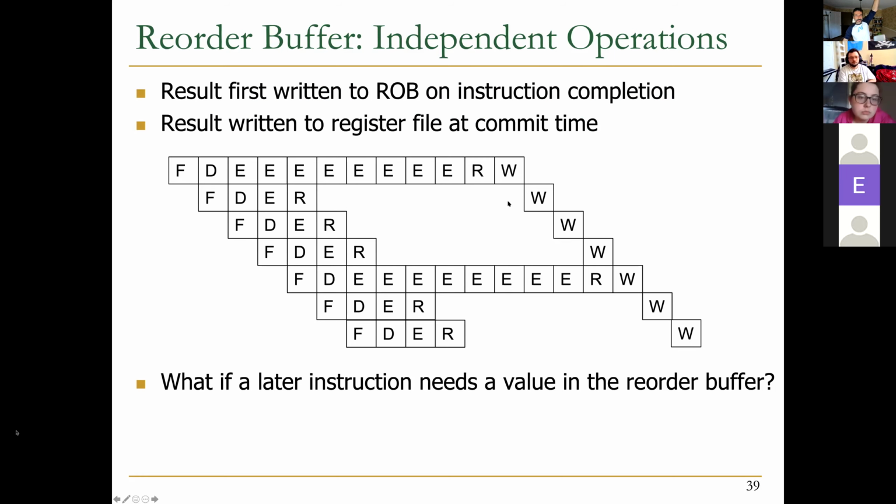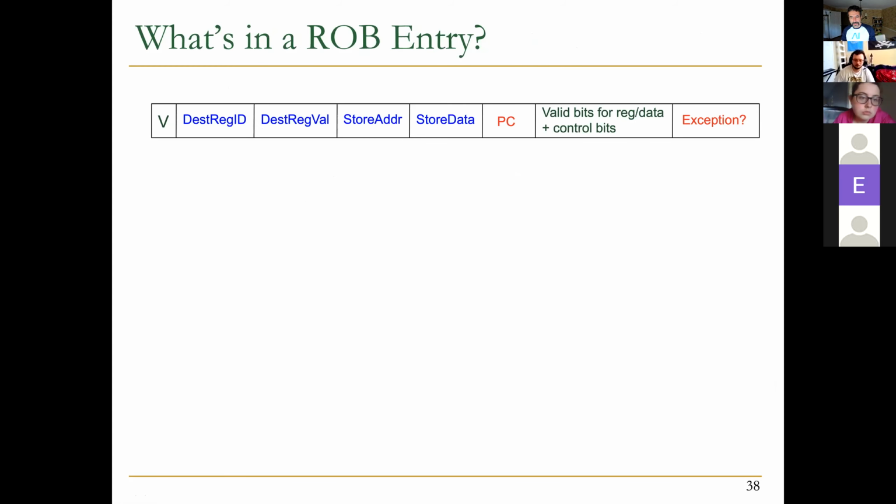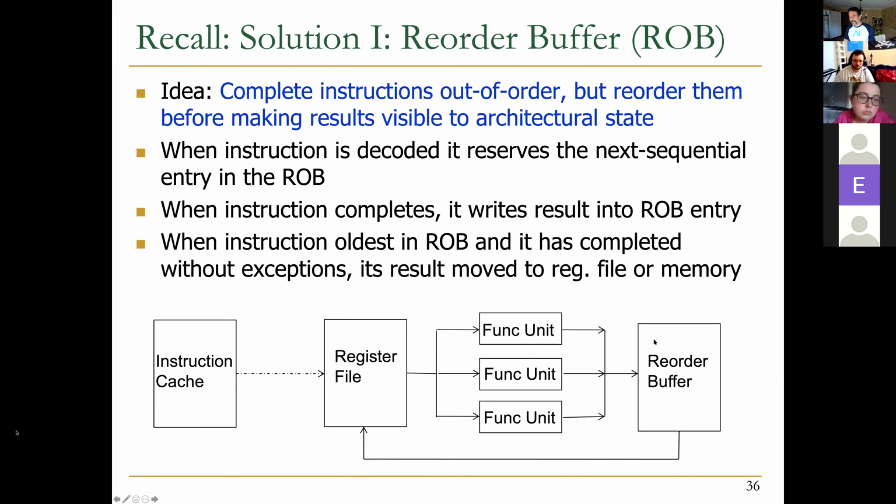In this case, we make a hole between the execution and the write back stage by adding a buffer that we can write to, and the programmer doesn't know about this buffer. This is a buffer that we can introduce at the microarchitecture. Here it's called the Reorder Buffer. As long as we execute the instruction, we can write the result to this reorder buffer whenever it's ready.